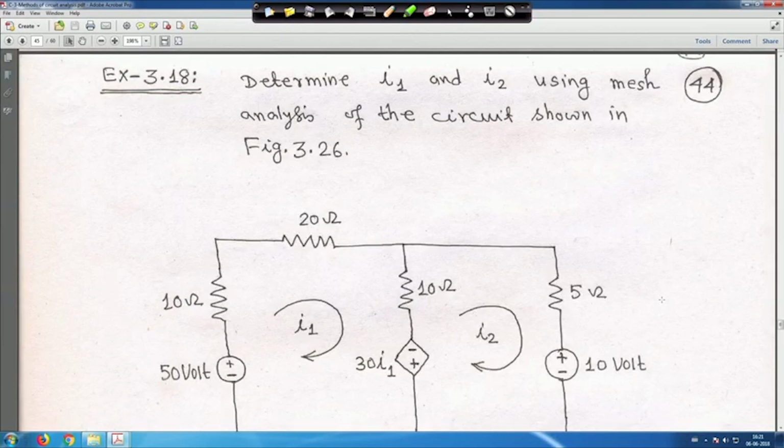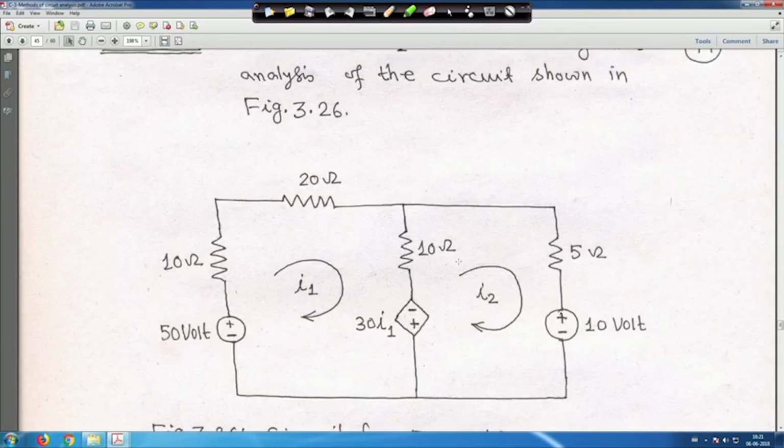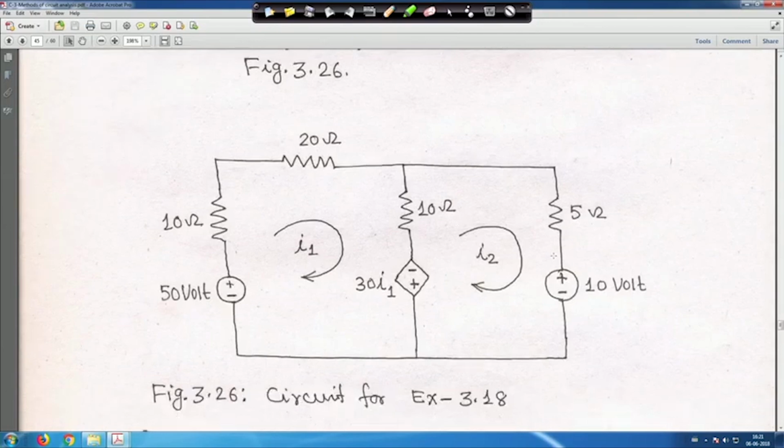In this problem you have to determine I1 and I2 using mesh analysis of the circuit shown in this figure. So this is the figure.